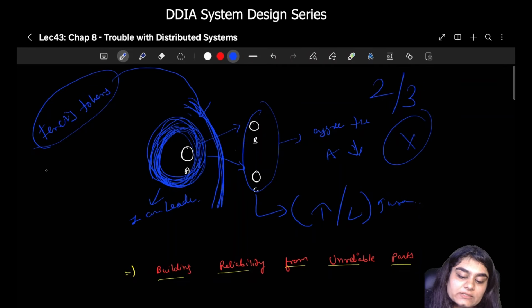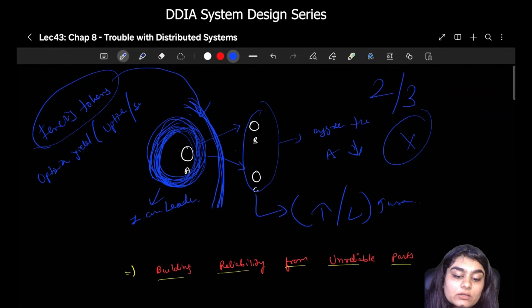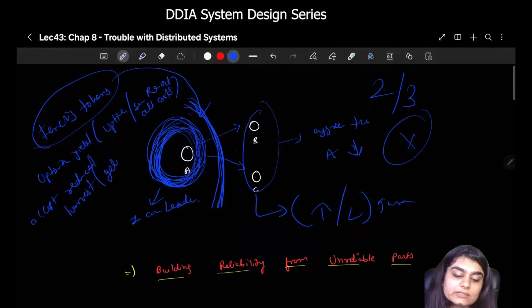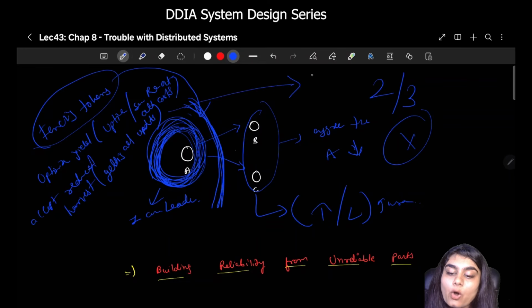Some optimize yield, that is uptime, or serving requests at all cost, and accept reduced harvest, that is getting all updates, while others do the opposite. Understanding this trade-off and designing protocols is crucial.